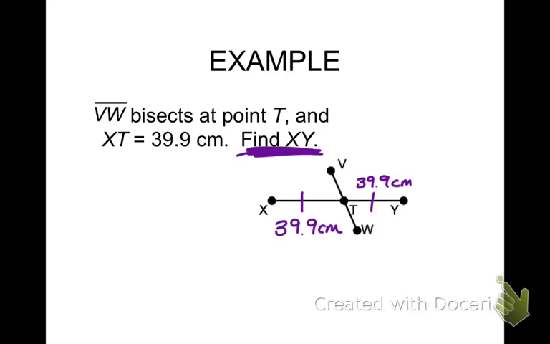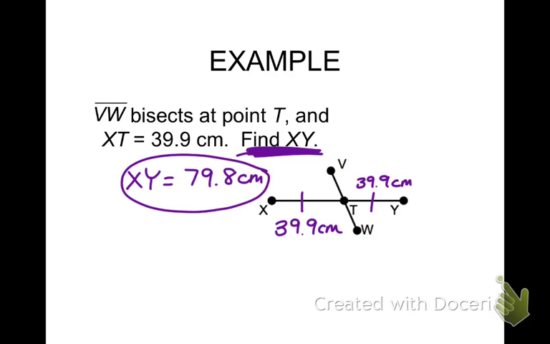Okay, mental math: I'm going to round this up to 40, right? So 40 and 40 makes 80. What should I subtract from 80? 0.2. So take away 0.2 from 80, what do we get? 79.8. Good. All right, so XY is equal to 79.8 centimeters.